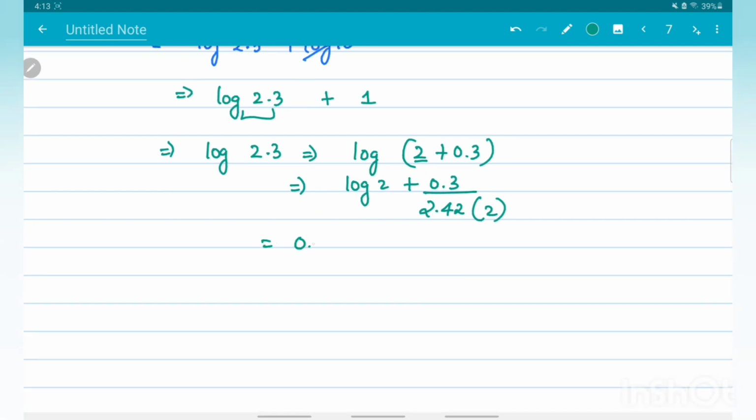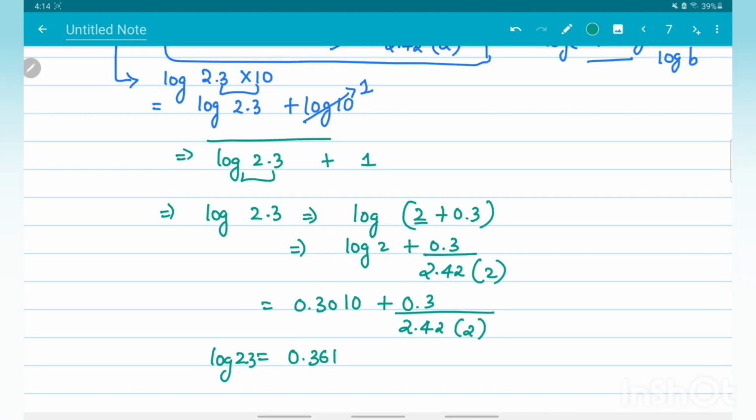The value of log 2 is 0.3010 plus 0.3 divided by 2.42 times 2. So when you solve it, you get the answer as 0.361. So this is the value of log 2.3.